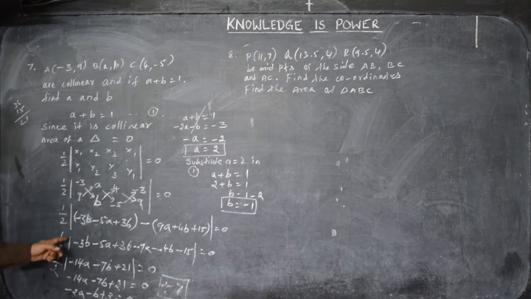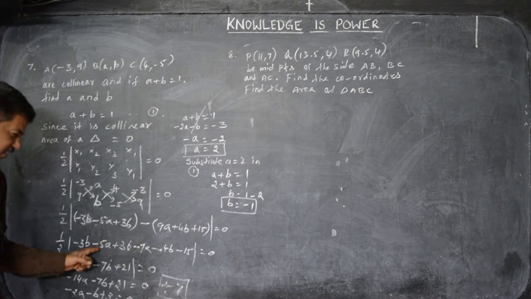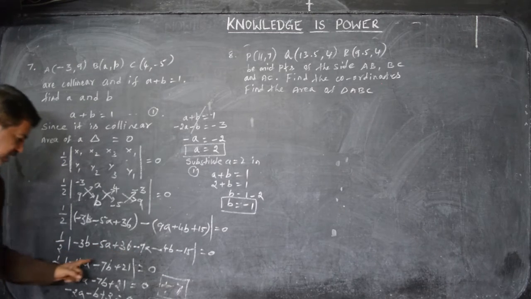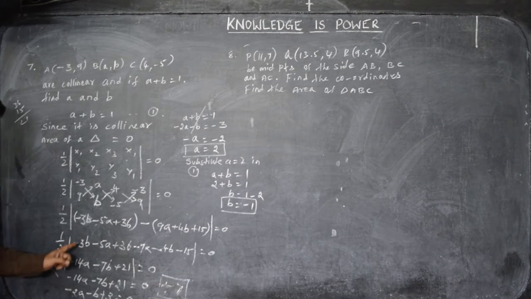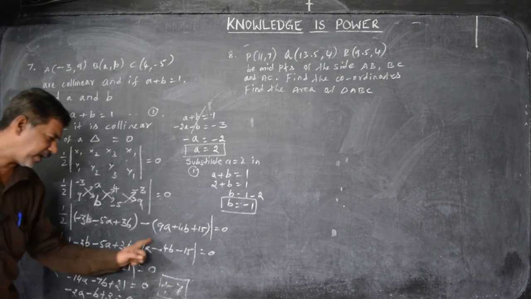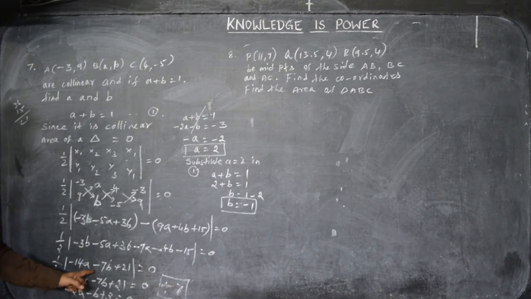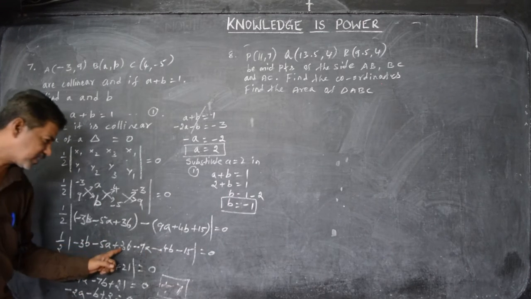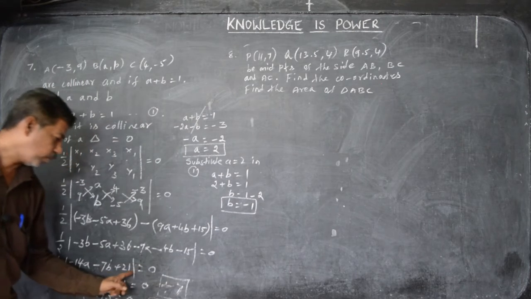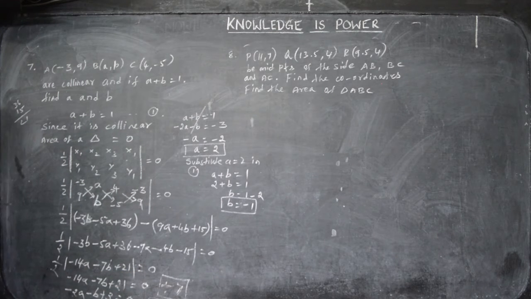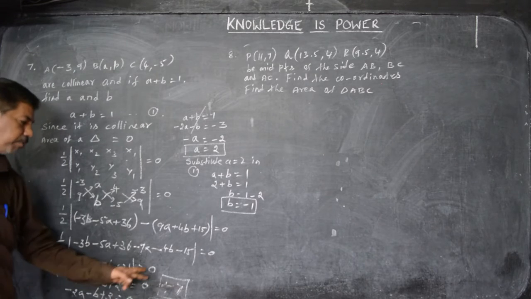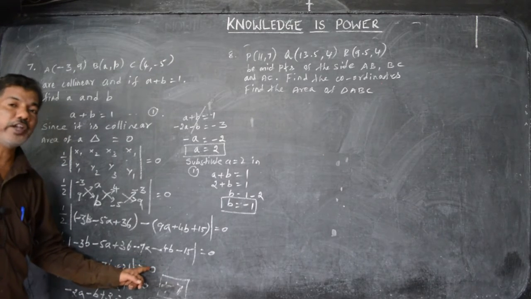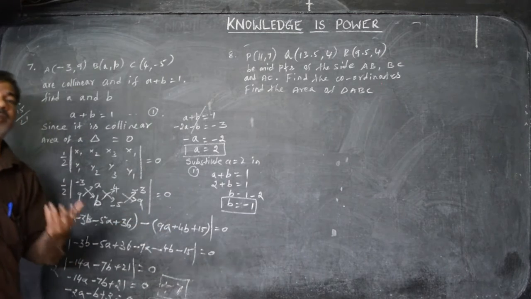After that, reduce the same terms. Minus 5a minus 9a together is minus 14a, minus 3b minus 4b together is minus 7b, then plus 36, from which 15 goes, is 21, isn't it? So equal to 0. Now the half I wrote, where did it go? Half goes to the opposite side, 0 into 2 will be 0.